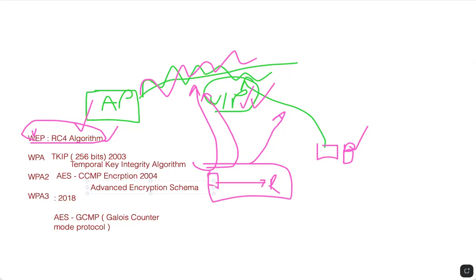Yeah, an autonomous AP does not need any controller. It can be managed individually. That's where we can push the configuration. It's for small environments where there are not multiple access points. It can be managed individually.